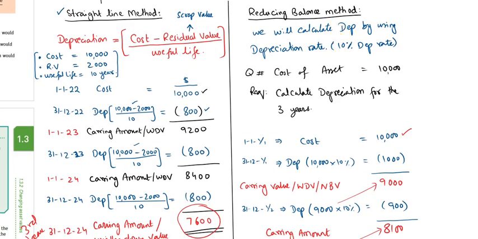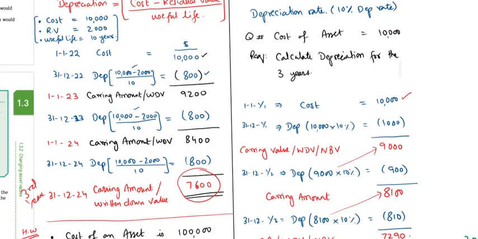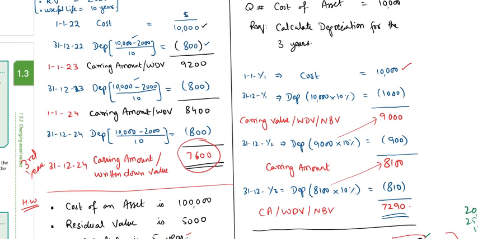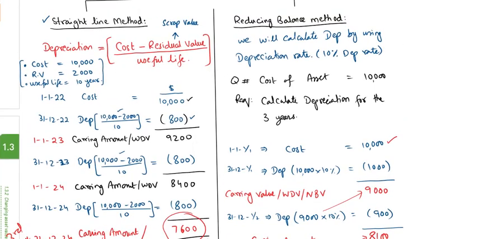When I compare the straight line method with the reducing balance method, you can see that in the straight line method, the depreciation amount remains the same every year: 800 in year 1, 800 in year 2, 800 in year 3.